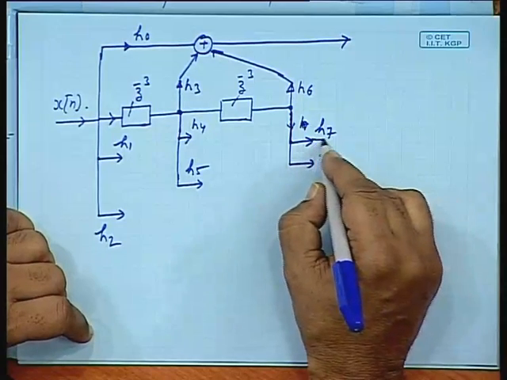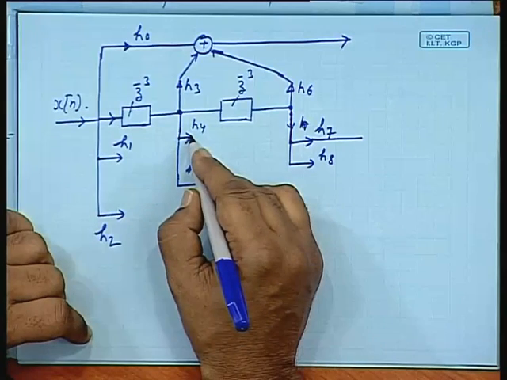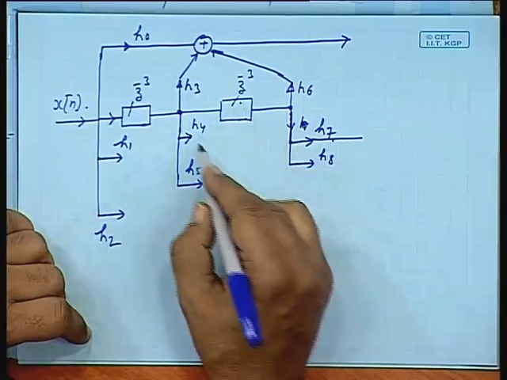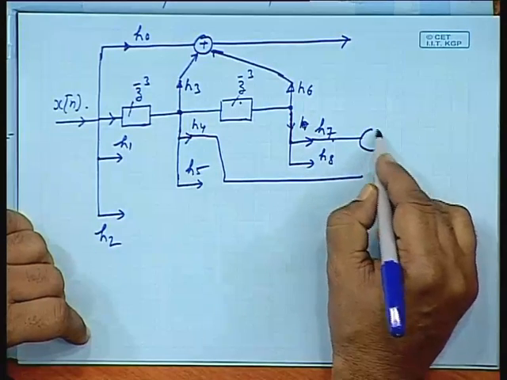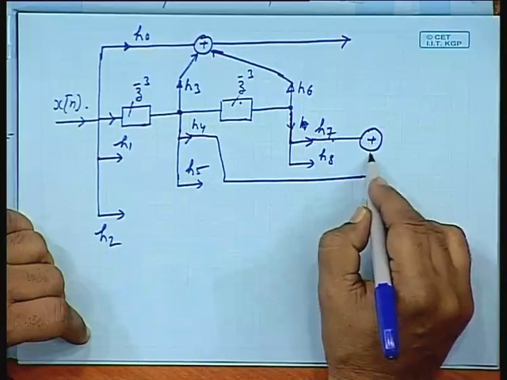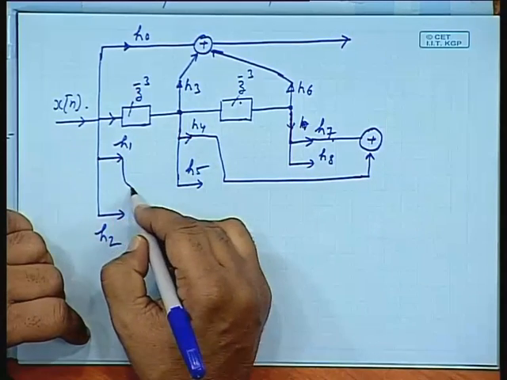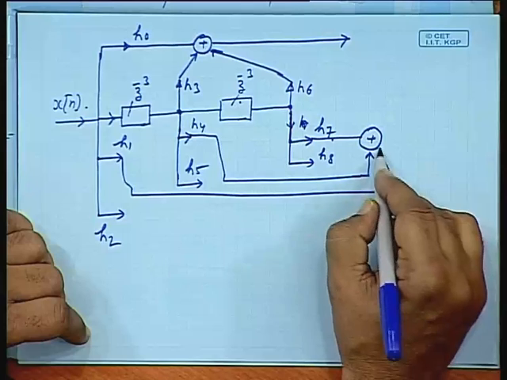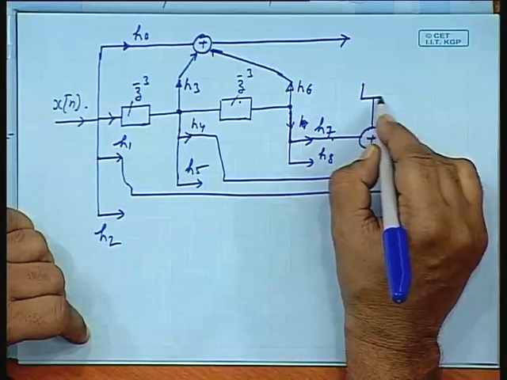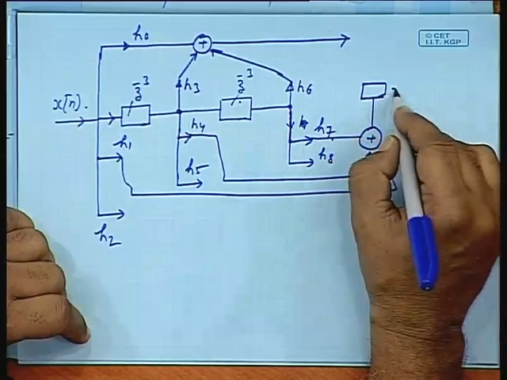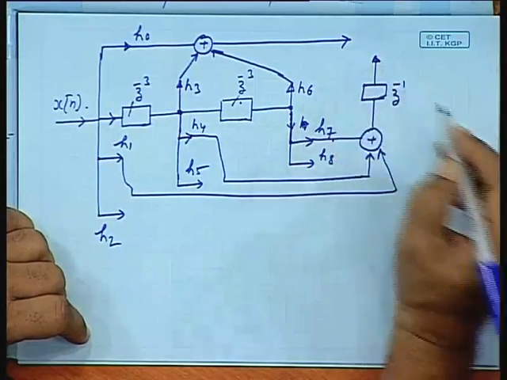So, H 7, H 4, this is H 7 into z to the power minus 6, H 4 into z to the power minus 3 and H 1, this will give me an output which finally if I multiply by z to the power minus 1, I will get the second output.